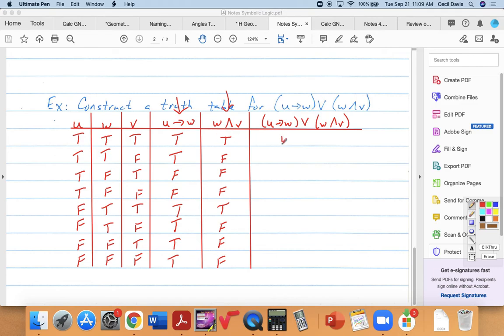So both true, that's good enough. One of them's true, that's good. Both false, that's false. Both false, that's false. One of them's true. One of them is true. One of them is true. One of them is true. Okay? Any questions about that?